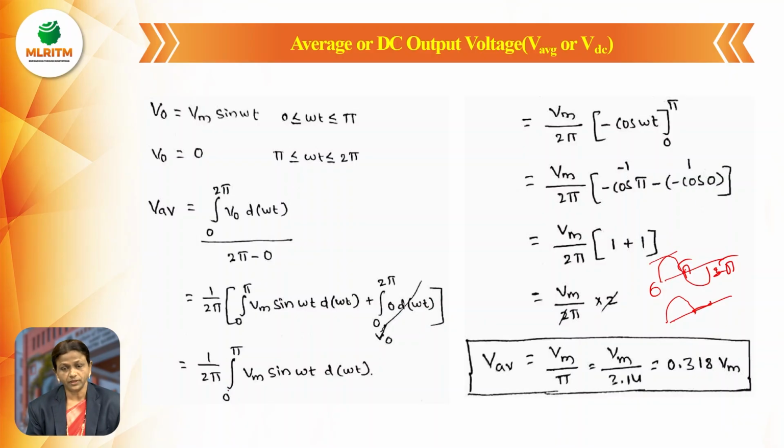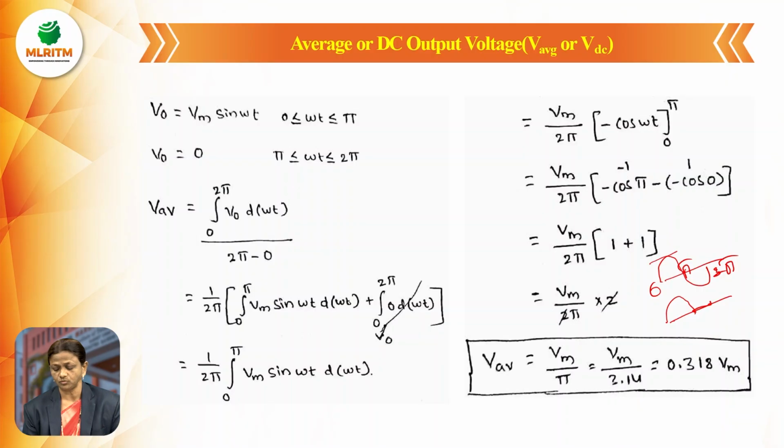Now 1 by 2 pi integral of 0 to pi of Vm sin omega t d omega t. Here Vm is nothing but the peak or maximum voltage, a constant value. So Vm by 2 pi integral of sin omega t d omega t. The integration of sin omega t is minus cos omega t. Now apply the limits: Vm by 2 pi times minus cos pi minus cos 0.